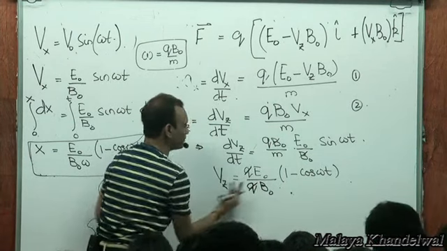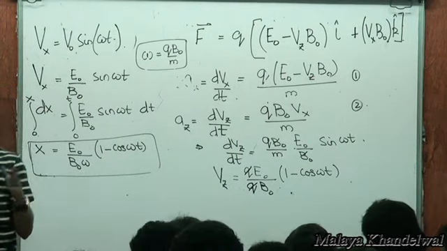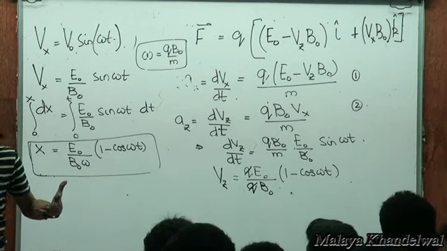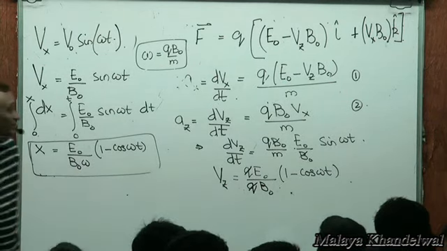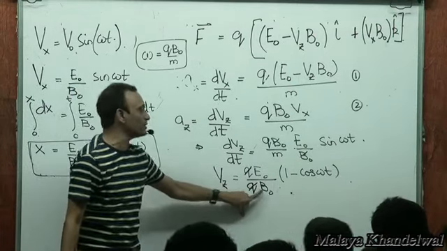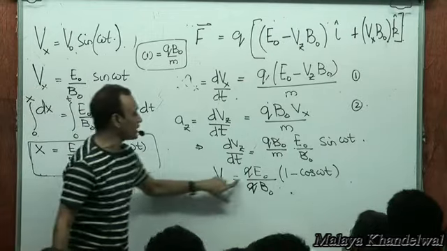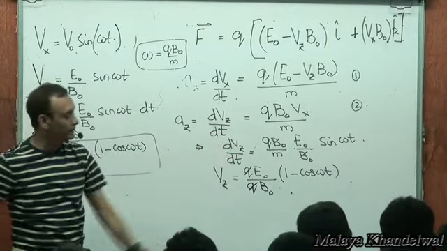And you expected the amplitude to be dimensionally E0 by B0. E0 by B0 therefore has dimensions of velocity. Do you realize that? Dimensionally E0 by B0 is meters per second, right? So you did expect this E0 by B0. If it came in Vx, it should have also come in Vz. This or some constant times E0 by B0, right?